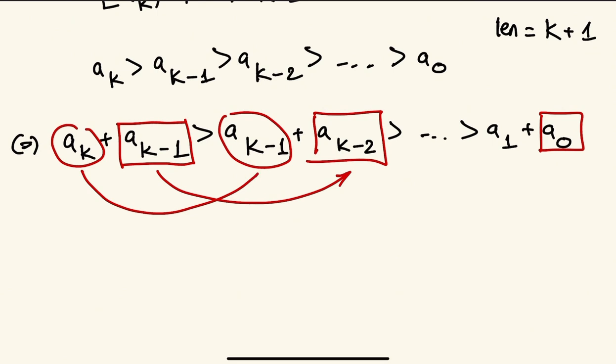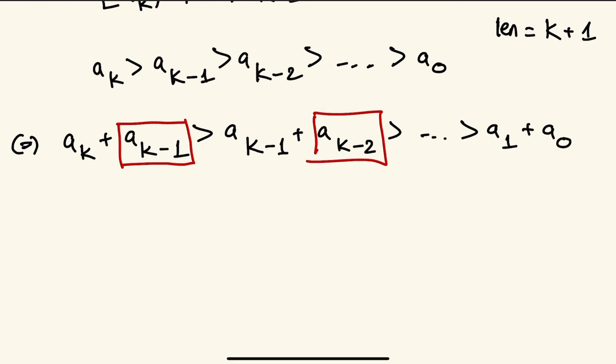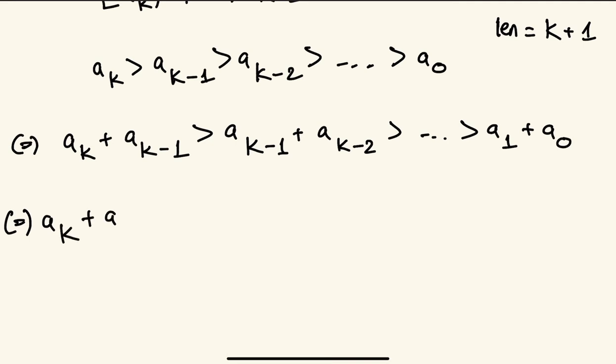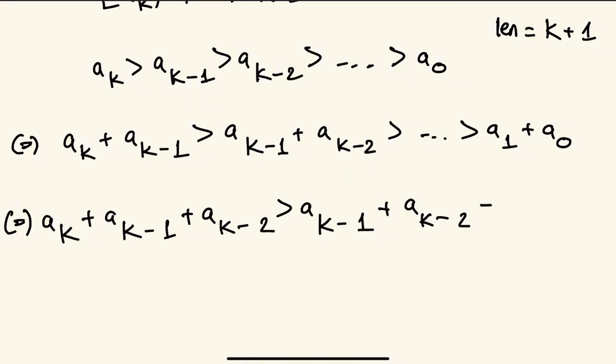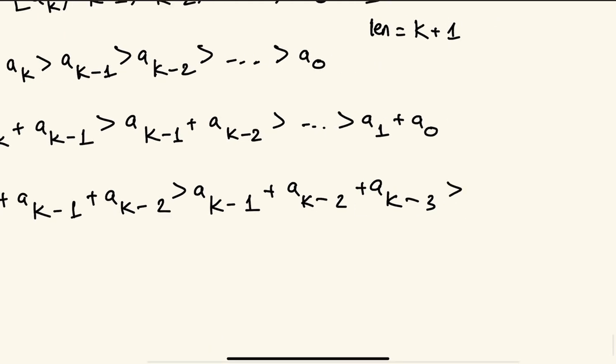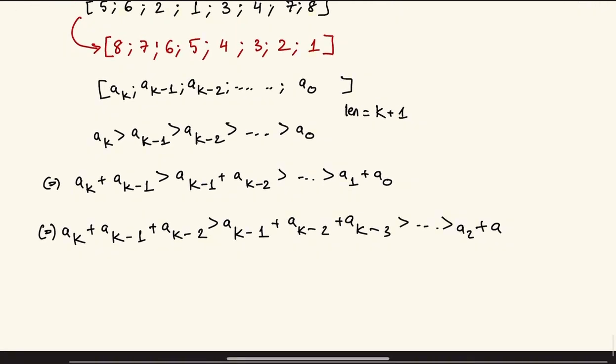So we still remain the same thing, but now I'm aiming for 3 numbers, not 2 numbers. So what I'm going to add is another k. So add ak minus 1, and then ak minus 2, bigger than ak minus 1, ak minus 2, and then ak minus 3 is absolutely bigger than blah blah, a2 plus a1 plus a0. So I got here.